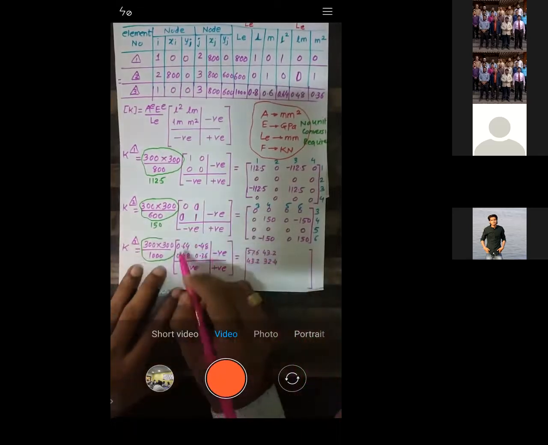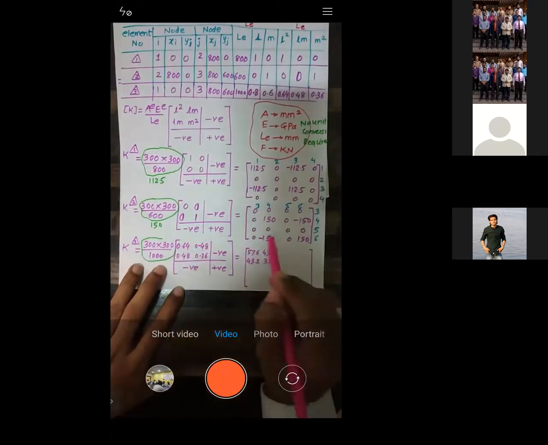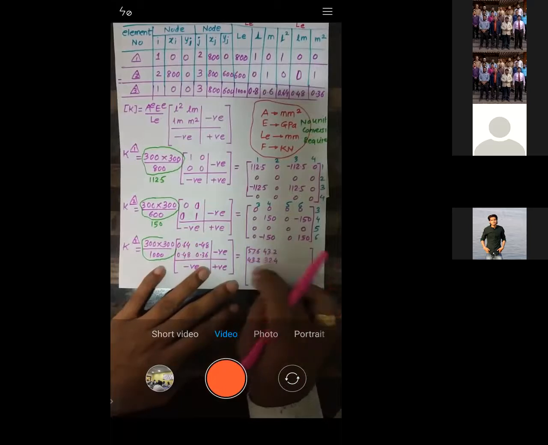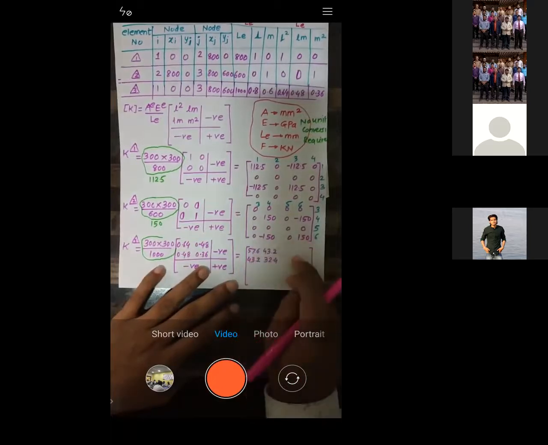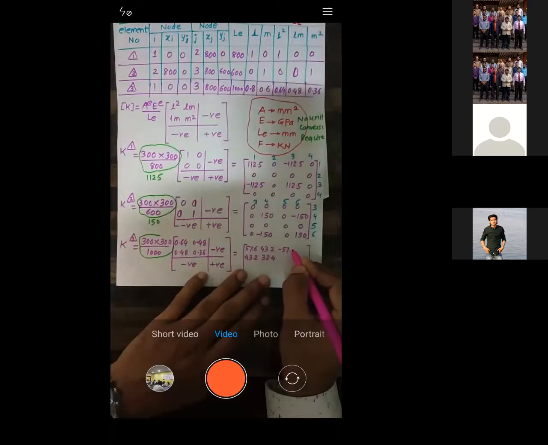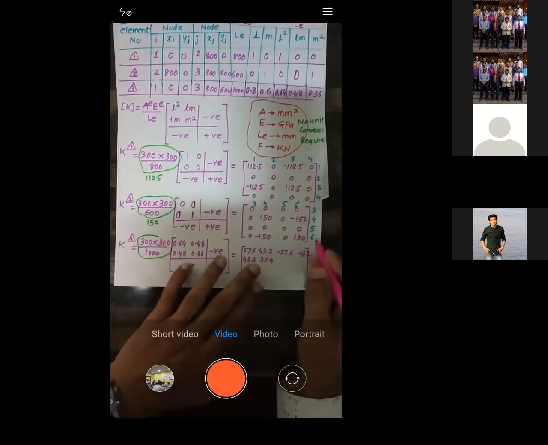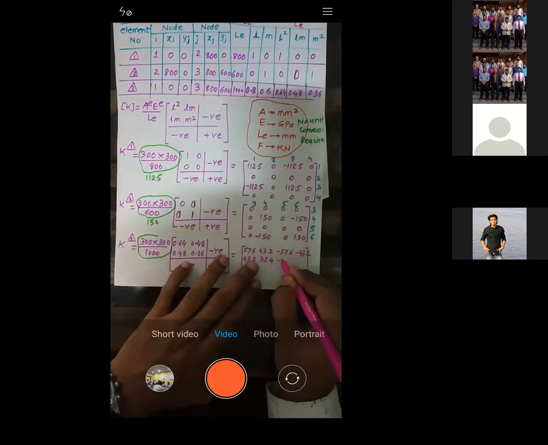See, you try to get the single term. Multiply this to this, this to this, this to this, and this to this. Now if you see these 4 terms, you make it minus here. So write down minus 57.6, minus 43.2, minus 43.2, minus 32.4, minus 32.4.